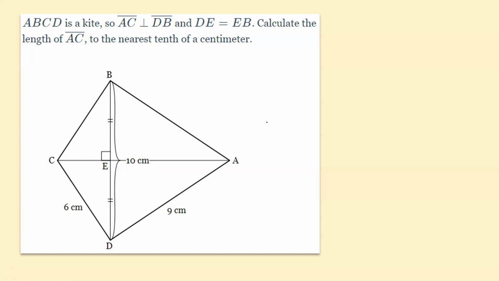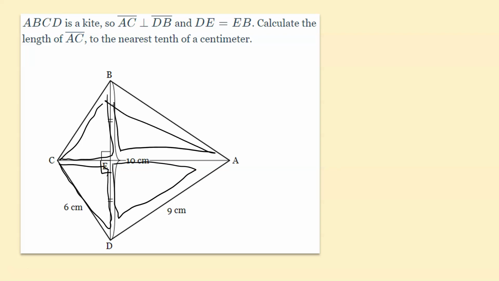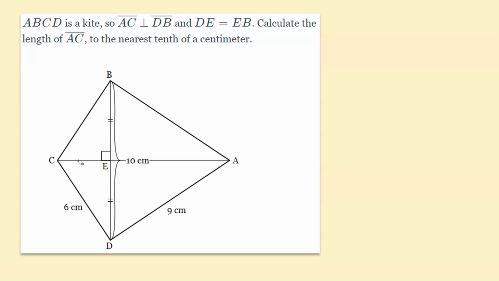But that does not work because this is not a right triangle. Our right triangles are only the 4 smaller triangles. So those are the only ones we can use Pythagorean theorem on. So what we'll have to do is find this length on its own and this length on its own, and then add them together. Okay, but we can do that.